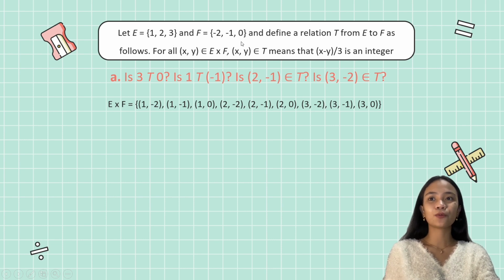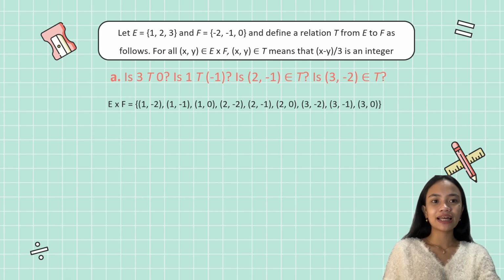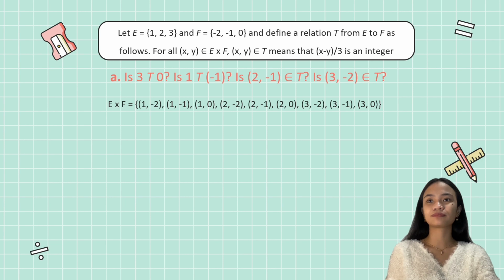And then we are going to substitute all of these ordered pairs into our statement, which is (x minus y) over 3. So if the answer is an integer, then it is an element of relation T. And if it is not an integer, then it is not an element of relation T.